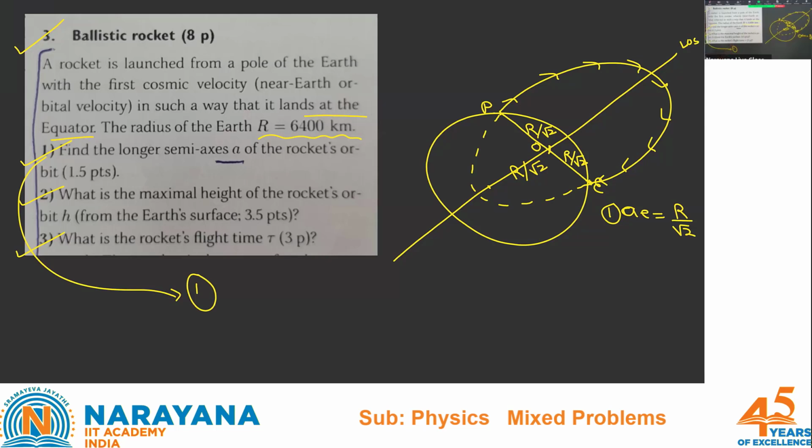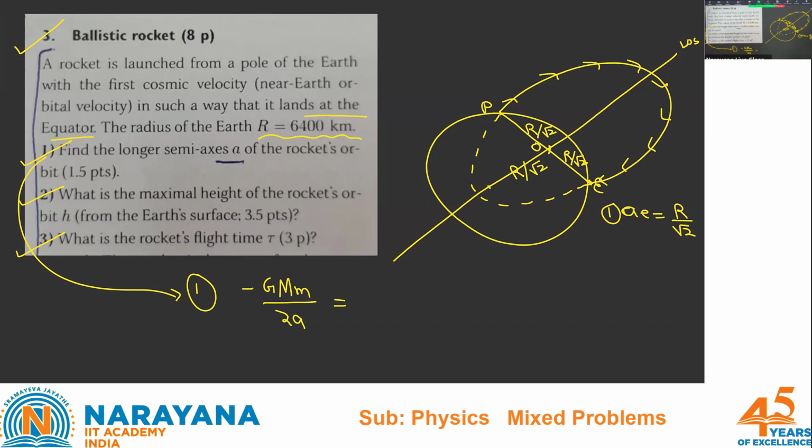So what is the first equation we are willing to write here? As far as the total energy of this satellite is concerned, net energy in its orbit should be equal to minus G capital M small m upon twice of A. Right? That term should be equal to, what are the terms we can write for this net energy?